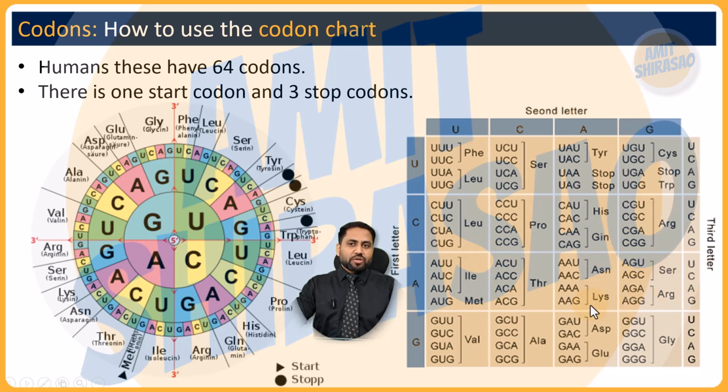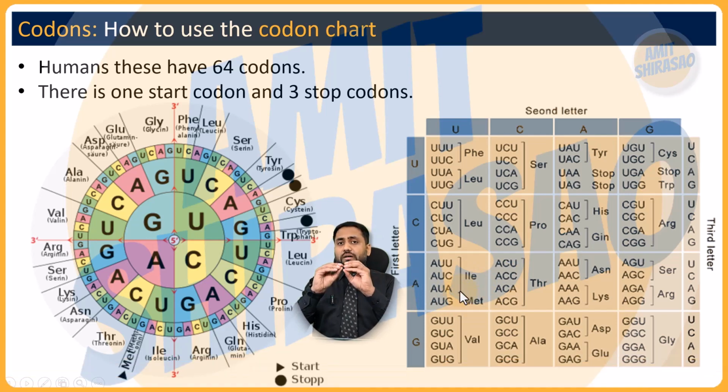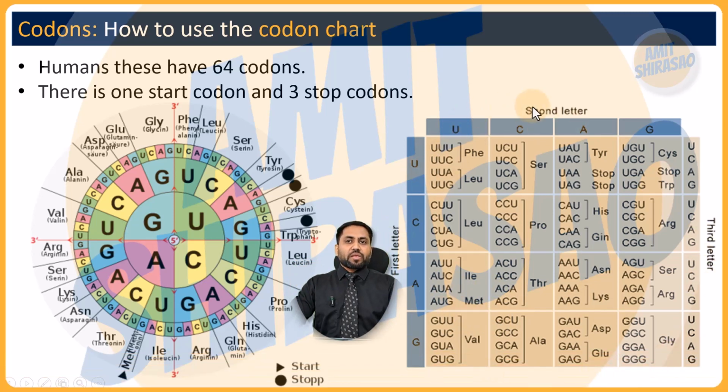G. This means methionine. Met means methionine. So methionine is the amino acid associated with AUG. So this is how you read a codon chart.